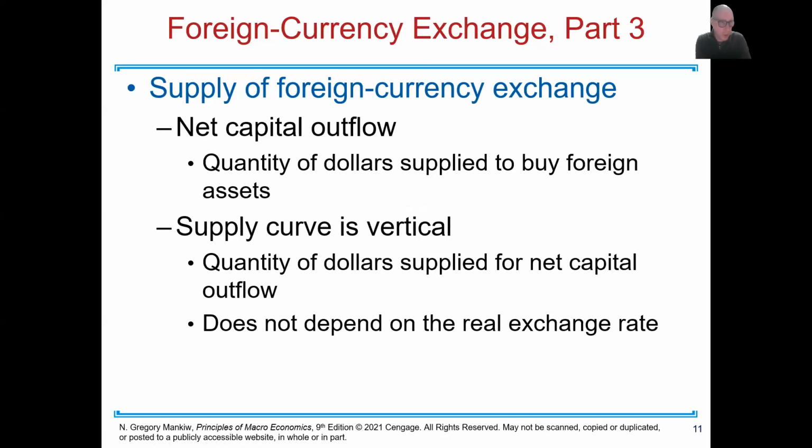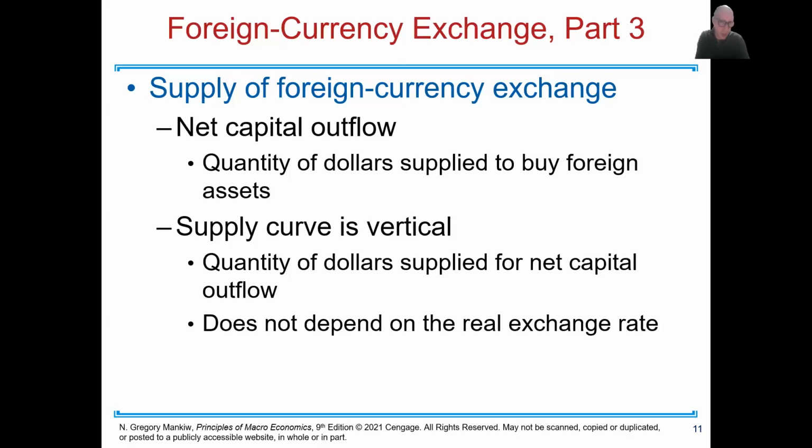When we look at the supply of a foreign currency, we look at things like net capital outflow and the supply curve. The net capital outflow, the quantity of dollars supplied to buy foreign assets, is what we're looking at. So, how many US dollars are being used to purchase foreign assets? That's net capital outflow when we're looking at the foreign currency exchange.